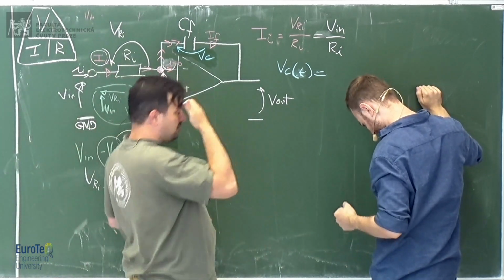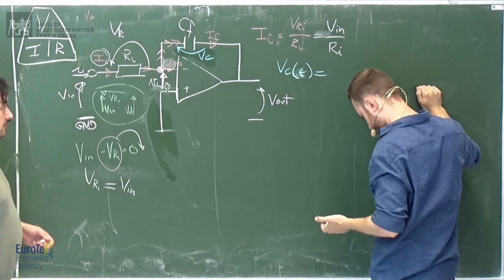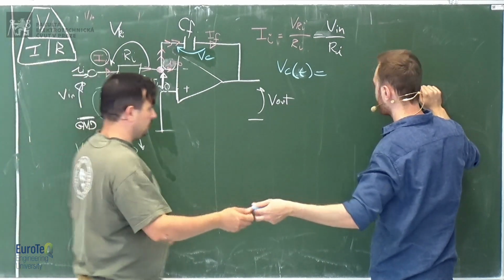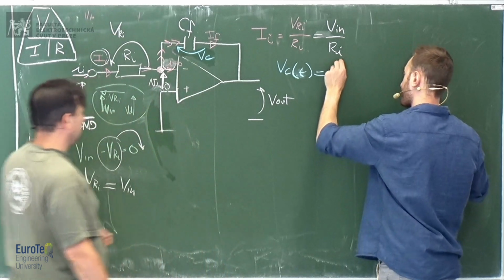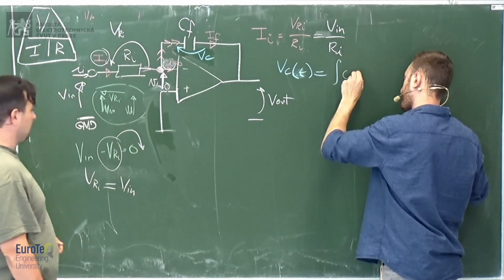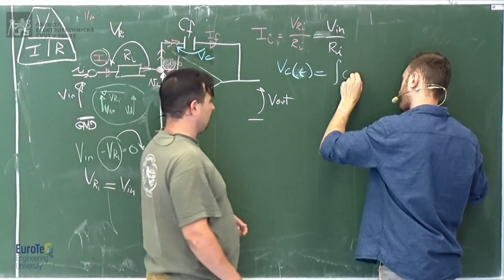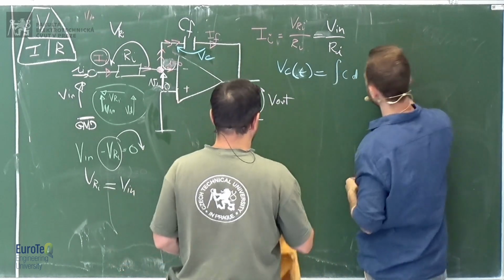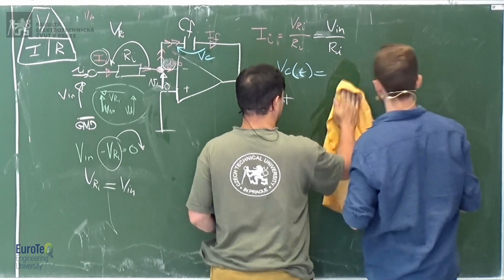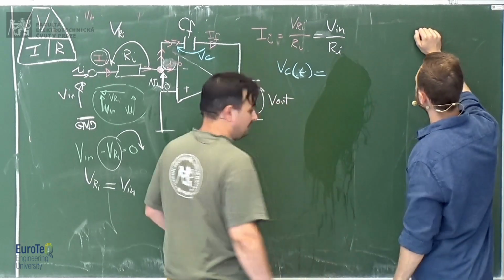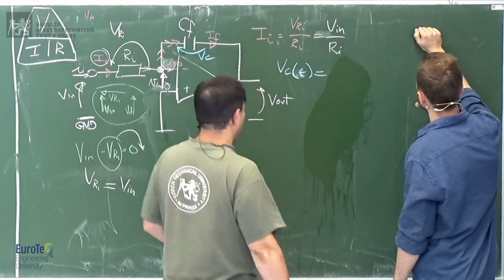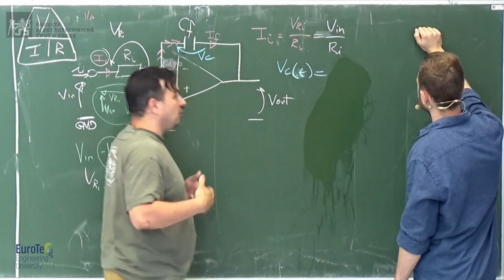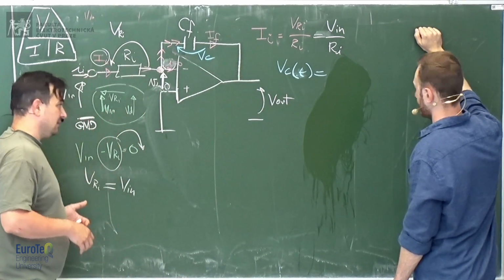The voltage on a capacitor is... think about that. How do you build a voltage in a capacitor? You charge it.